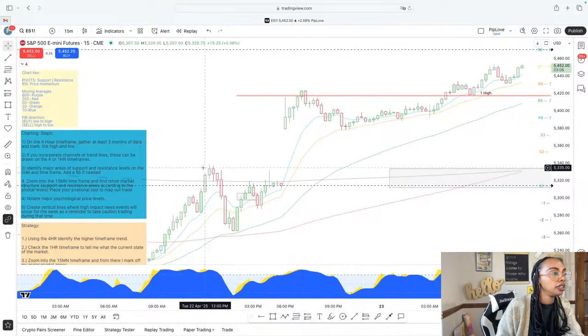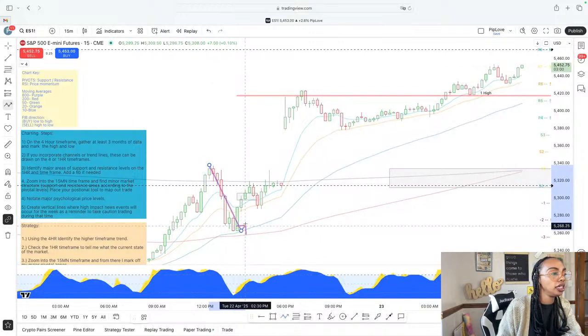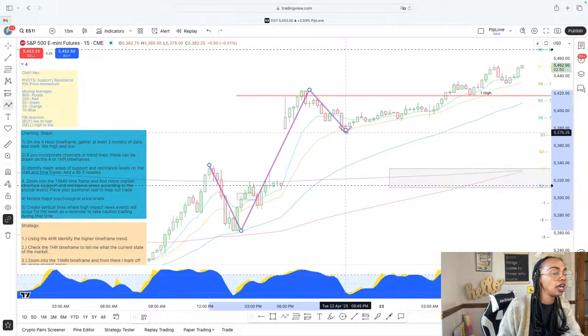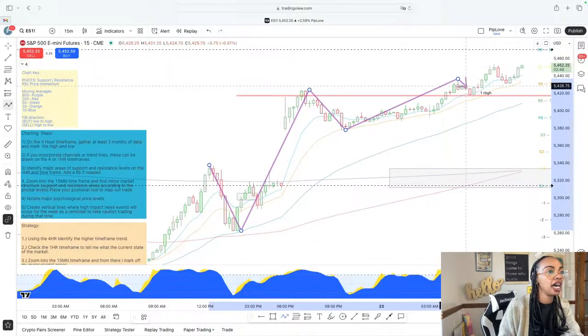Okay, so price made a high here, a higher low, and it finally broke up above this high, made a higher high. We formed a gap here, and now price has made a lower high because this was the last low, even if you take this area here. And it's just been making higher highs and higher lows.